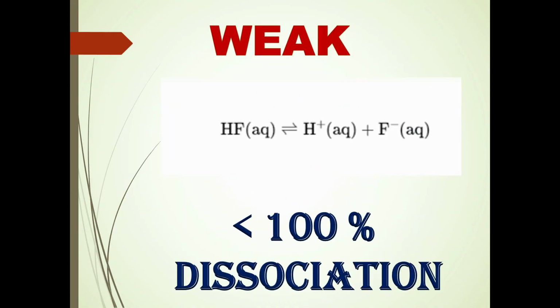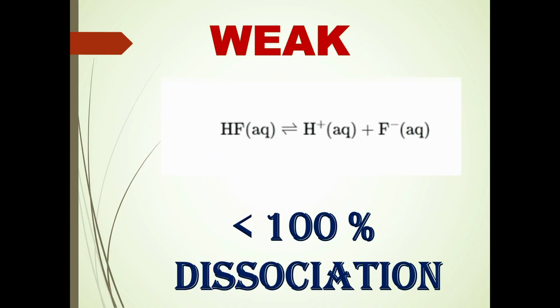But if it's weak, it dissociates less than 100%. And it doesn't make any difference how close to 100% it is. If there is one molecule left undissociated, it is considered to be a weak acid. A lot of them dissociate at very small percentages. HF, hydrofluoric acid. Nasty, nasty stuff, but not because it's a strong acid, but because of that fluorine and the things that it does.